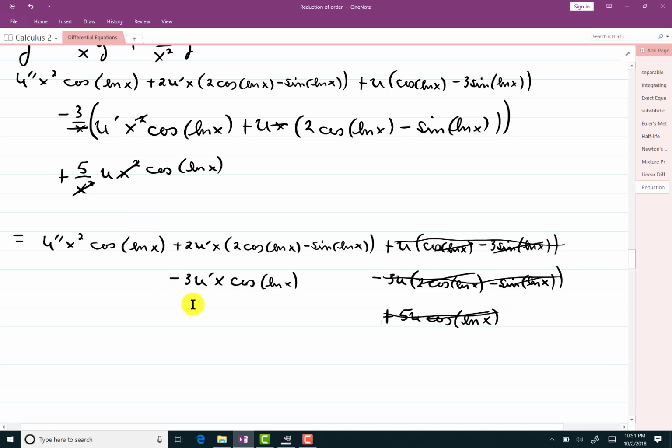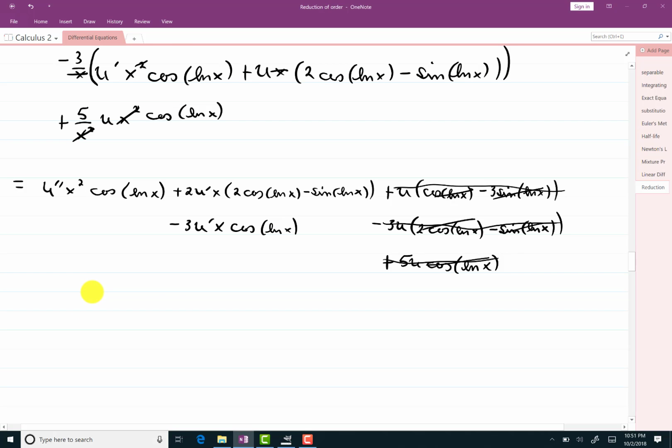Here I can probably do a little simplifying. Here though, I'll have to attach a 4 to the cosine. And then we have 4u prime x cosine ln x. And then I have negative 2u prime x sine of ln of x.